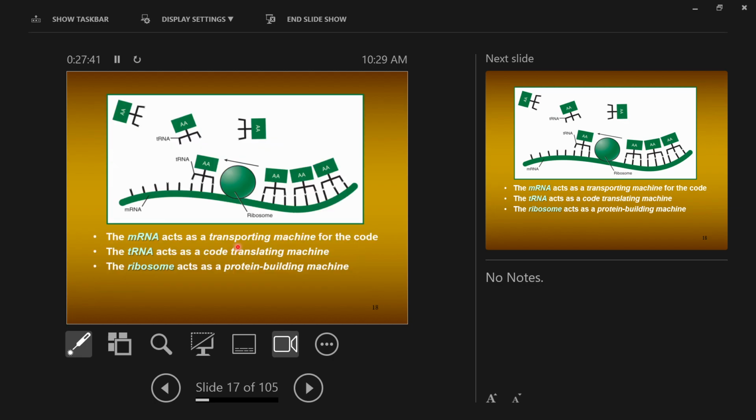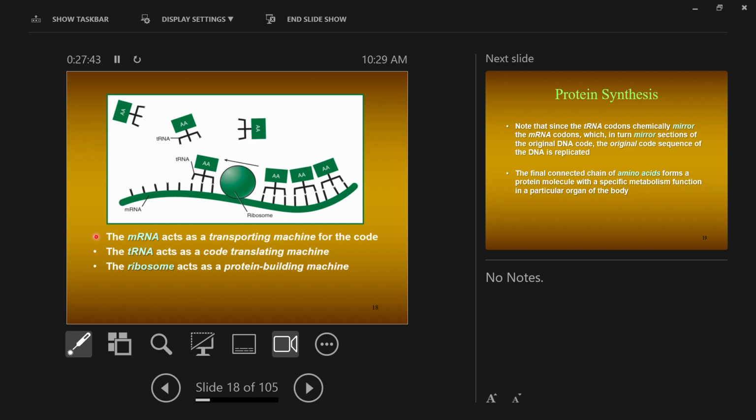So the mRNA acts as a transporting machine for the code. The tRNA acts as a code translating machine, helping line up the amino acids in the right order. And the ribosome just helps put things together. At the level that we need to describe it, that's all we need to know.